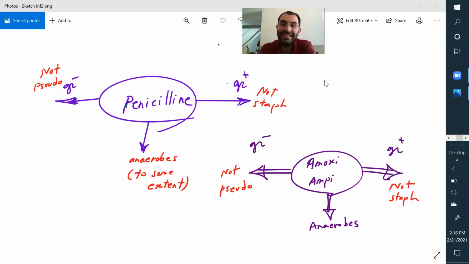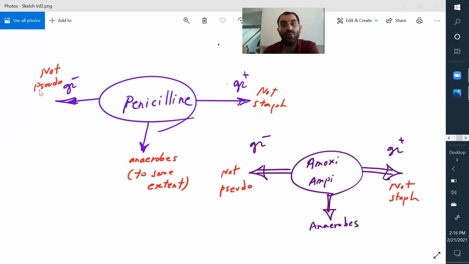So for every single antibiotic that we're discussing, it's important to know: can it kill gram-positives? Can it kill gram-negatives? Can it kill anaerobes? And if it is able to kill gram-positives, is it able to kill nasty gram-positive staph? Is it able to kill nasty gram-negative Pseudomonas?